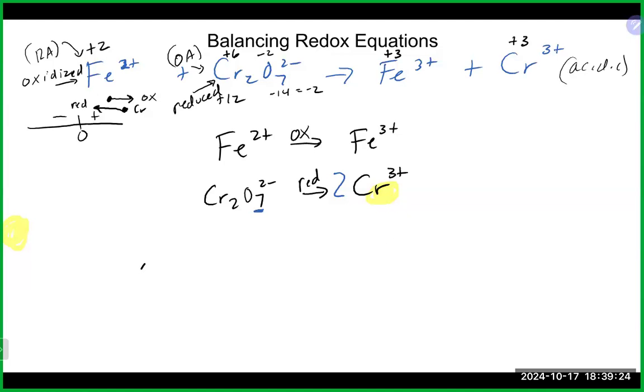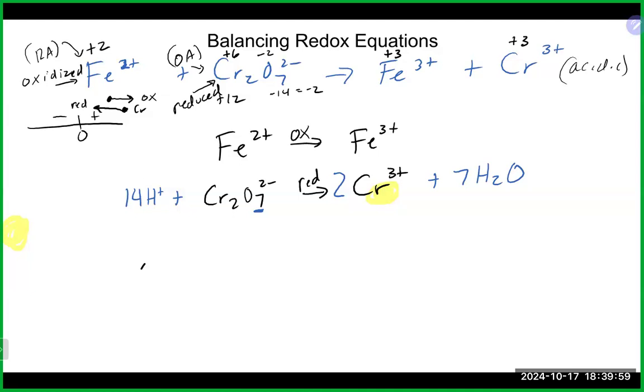So the side that needs the water is the right-hand side, and I add the exact number of waters I need, which in this case is 7 waters. That gives me 7 oxygens on the right-hand side. Because I added water, how many hydrogens do I have on the right-hand side? 14. So to the left-hand side, to balance it out, I have to add 14 H+. Any questions on that?